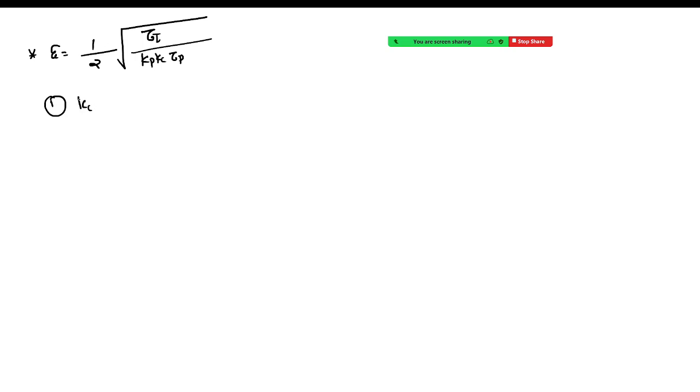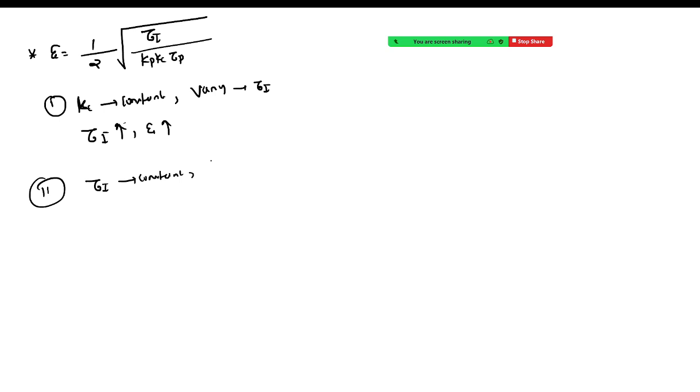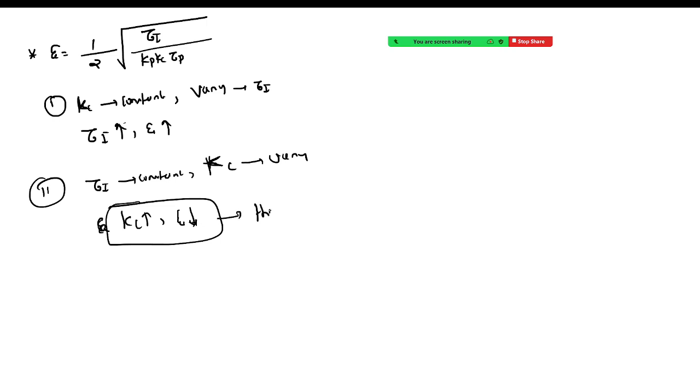First I'll make kc constant and vary tau I. If I increase tau I, zeta will increase. Second, if tau I is constant and I vary kc, if I increase kc, zeta will decrease. Right?